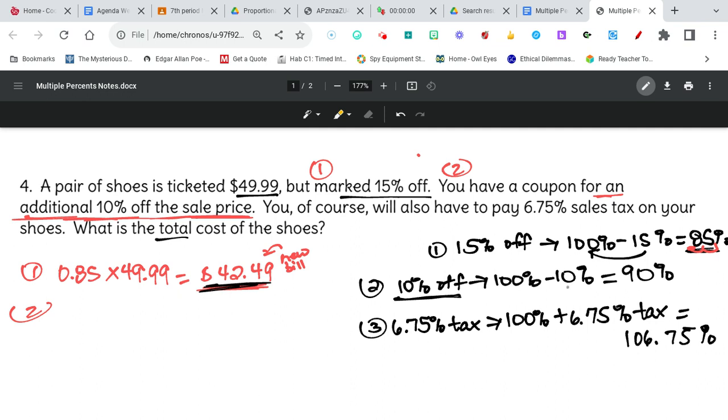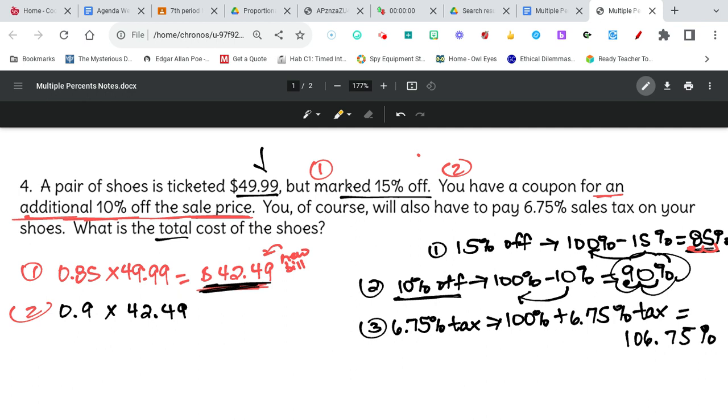So I won't be paying 100%. I'll be paying 10% less than 100, which means I have to pay 90% of that sale cost. So I'm going to slide my decimal 2 places over. 1, 2. So I'm paying 90% of this new bill. 0.90, or you can go 0.9 of the new reduced bill.